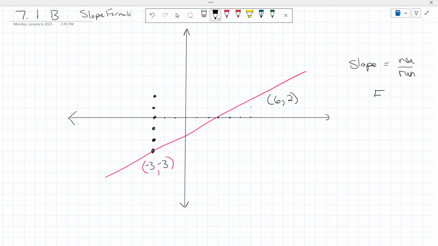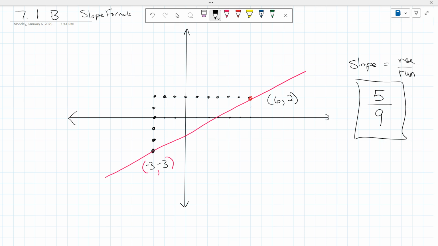I have a rise of 5, and a run to the right of 1, 2, 3, 4, 5, 6, 7, 8, 9, 10. Should have been 9, because I went to right here. My line was just a little bit off. I went to there. So 9. So my rise over my run was 5 over 9.